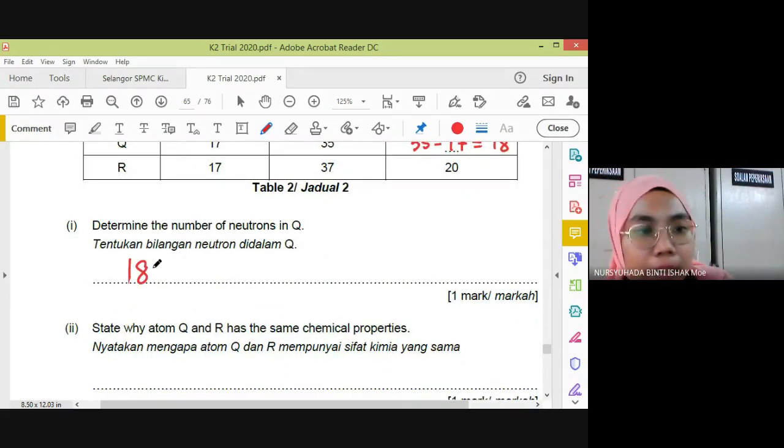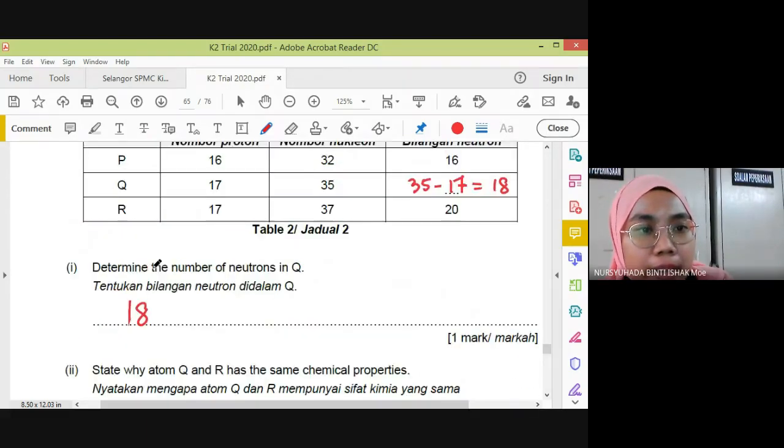Alright, state why Q and R have same chemical properties. Kenapa dia ada same chemical properties, guys? Proton number same? Ya ke proton number same? No. Apa yang menyebabkan dia same chemical properties?